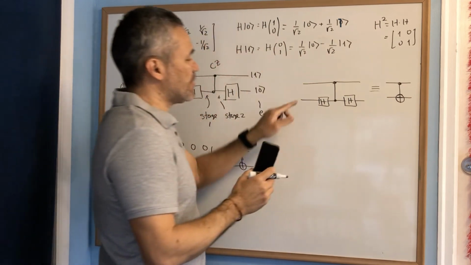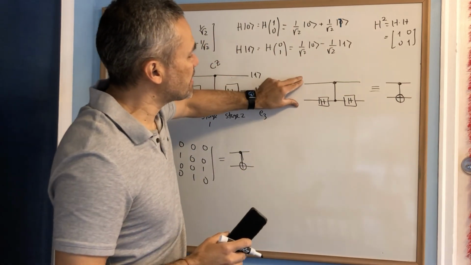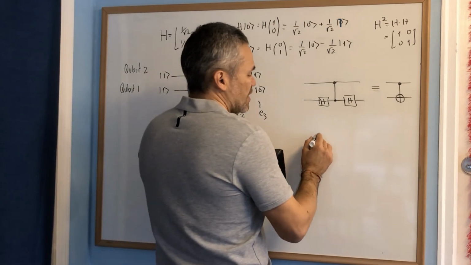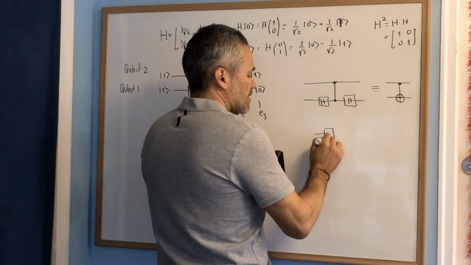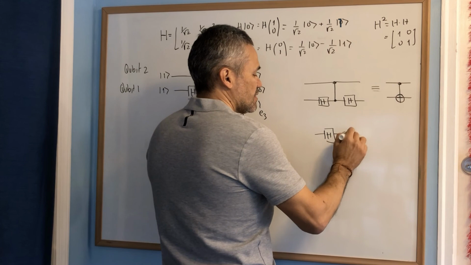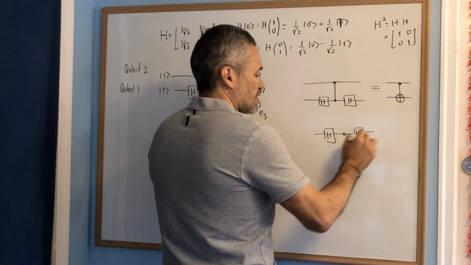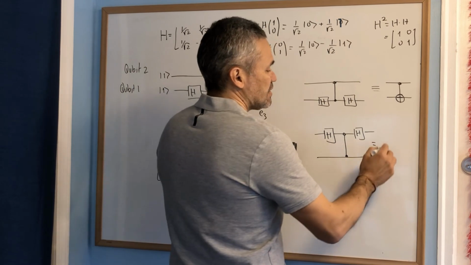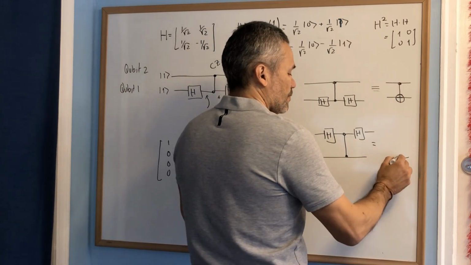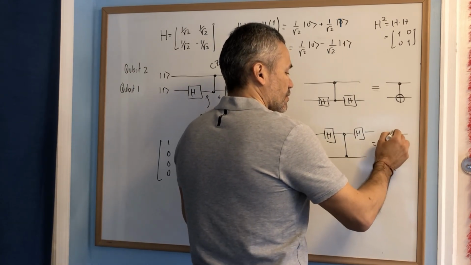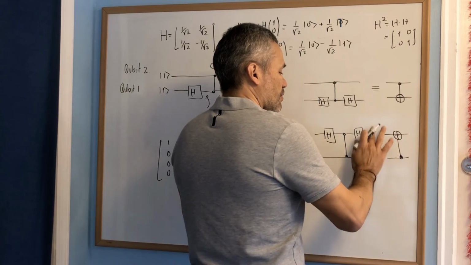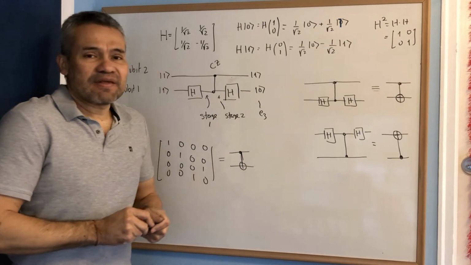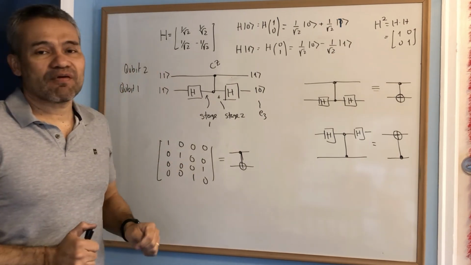The matrix represented by this gate is the same as the matrix represented by this gate. Likewise, we can check that if we have this circuit, this will give you just the other CNOT. And we have this. I think that I would like to stop here for this video.